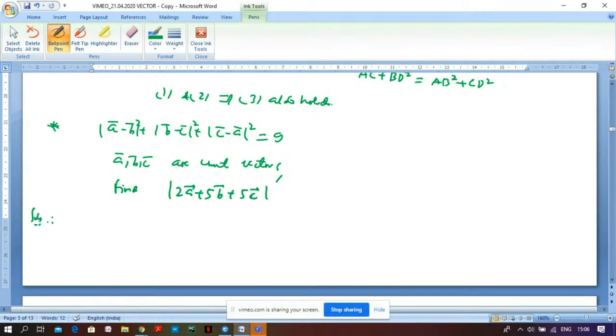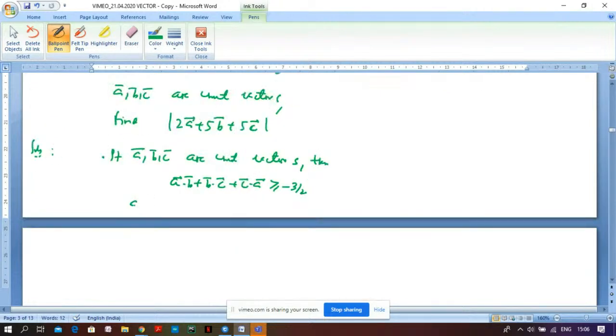Here I will again give you one result first. That result is very important: if A, B, C are unit vectors, then A dot B plus B dot C plus C dot A is greater than or equal to negative 3 over 2.